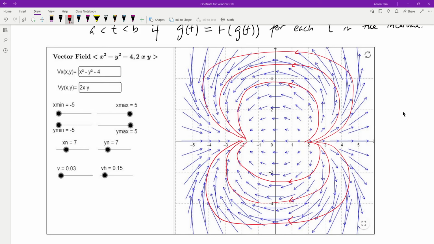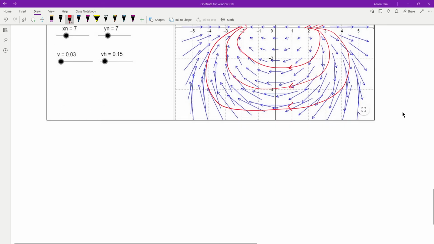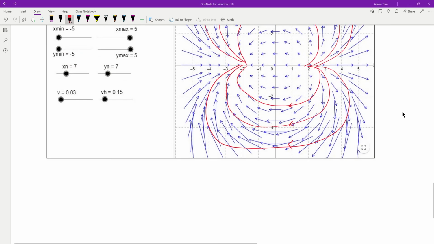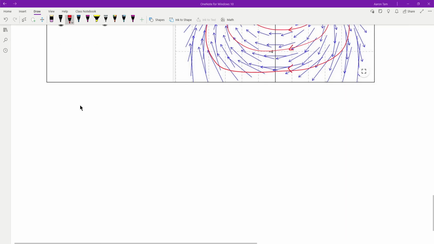And that property of whether flow lines diverge from each other or converge to each other is actually described by a property of the vector field called the divergence.